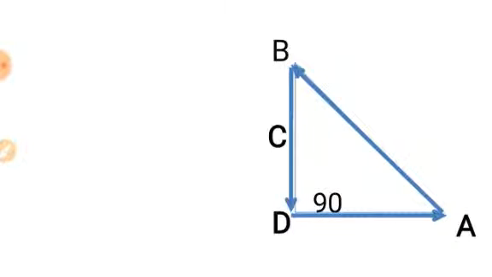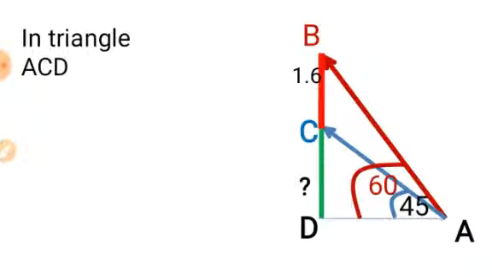Now we have to make full use of what is given in our question. We are given two angles, 45 degrees and 60 degrees, and one length BC, the height of the statue, 1.6, and we have to calculate the height of the pedestal.